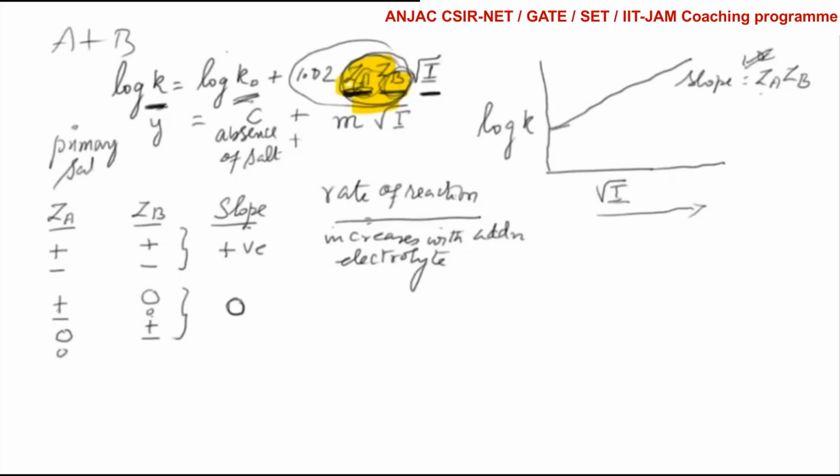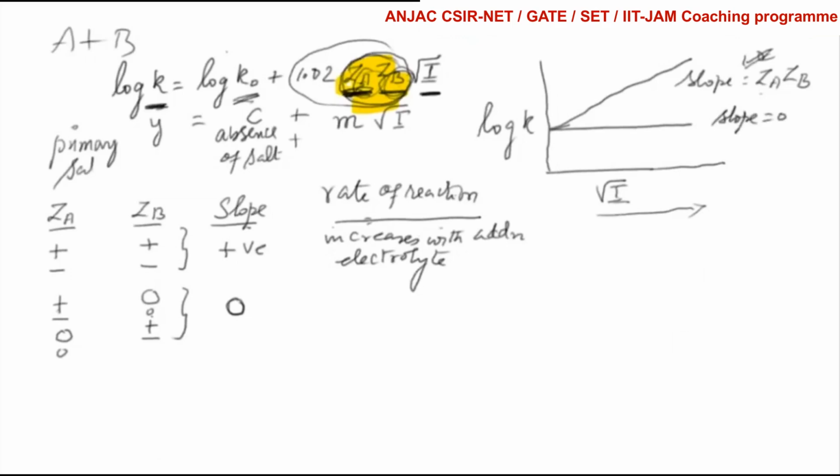The very first class I told you, for the equation of a line, slope equal to 0 means it will be parallel to which axis? X-axis. Therefore this would be like this.